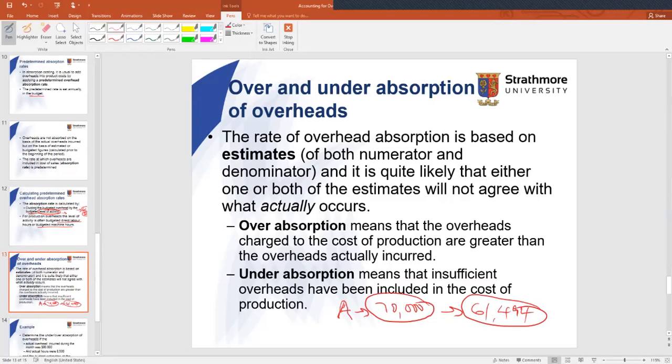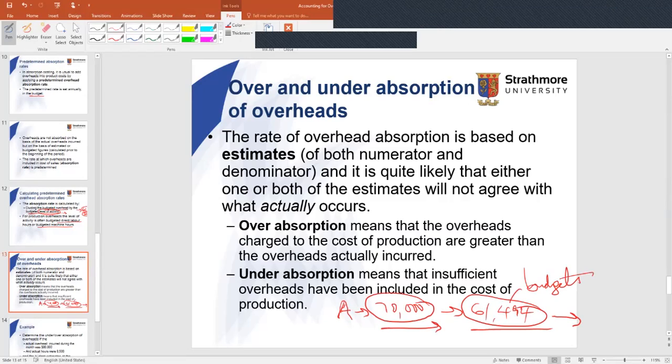Therefore, in this case you have what we call an under absorption. We determined the rate of absorption based on 61,494, but the actual overhead incurred for that period was 70,000, so there is a difference. What was actually absorbed was 61,494 because this was what was budgeted.